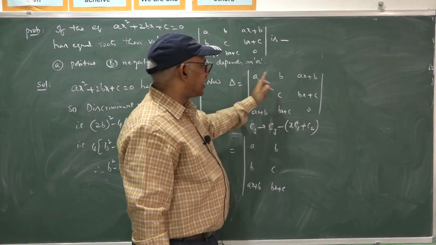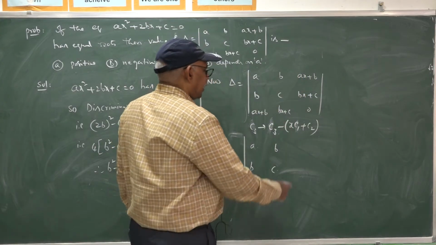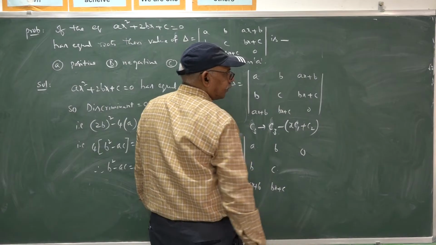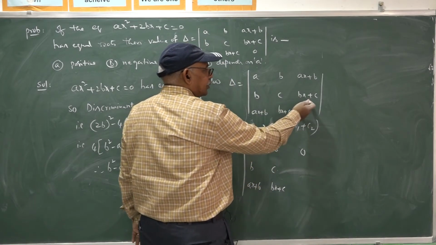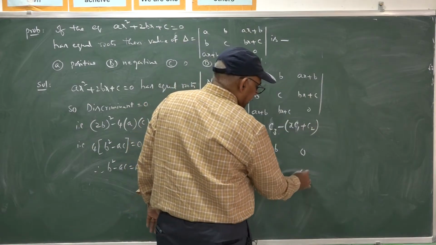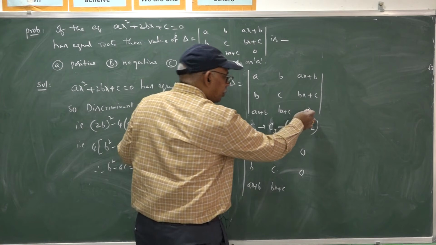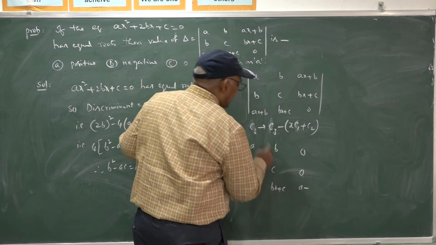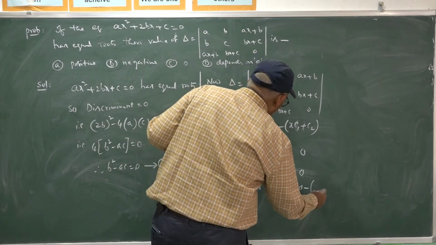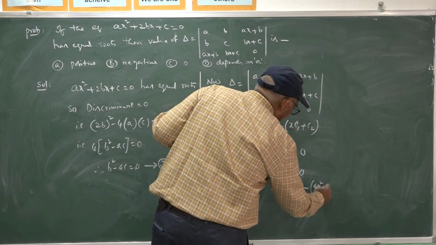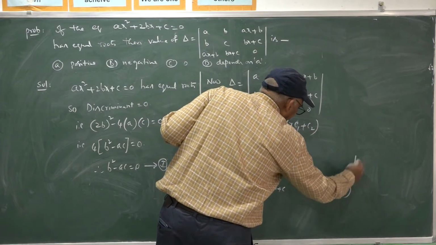X C1 plus C2 is Ax plus b. Once you subtract Ax plus b from Ax plus b, here we get 0. Similarly, bx plus c. Once you subtract that value from bx plus c, you get 0. Here, 0 minus of multiply this one with x and add this one: Ax square plus bx plus c.